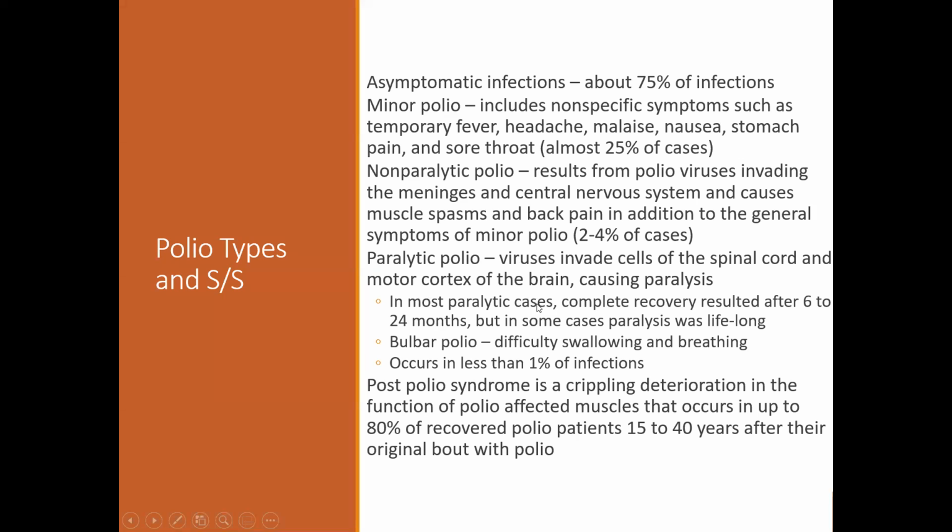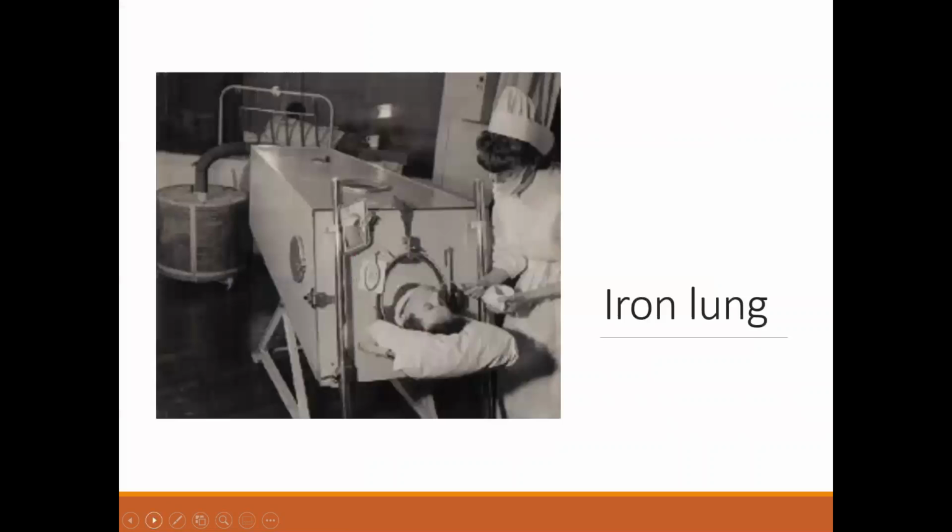And paralysis could be lifelong. Patients who did experience paralysis as it related to the respiratory system were kept alive in these iron lungs that basically set up a pressure system inside here that still let the lungs inflate.